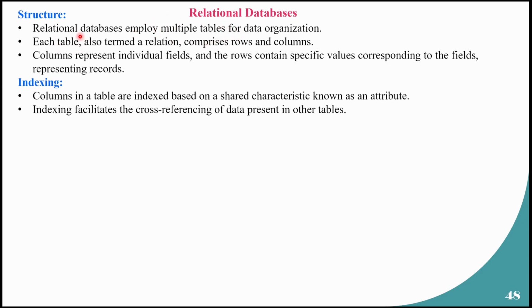If you have multiple tables in that sense, each table is termed a relation. The tables include different rows and columns, where the different fields are indicated in columns, and the rows are the specific values according to the fields, which give you a particular record for the database.